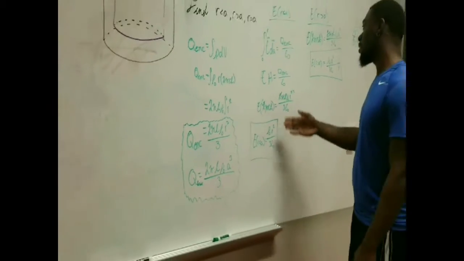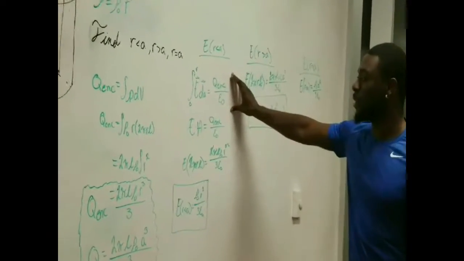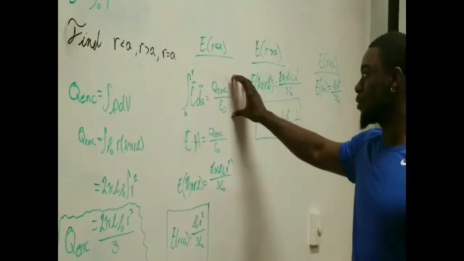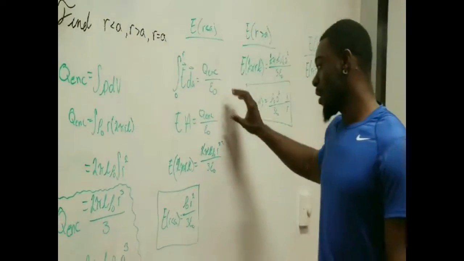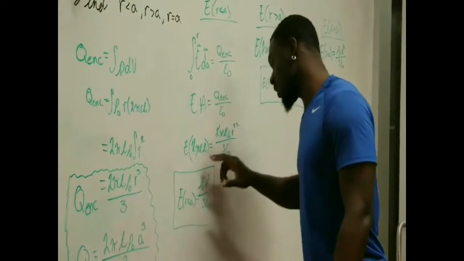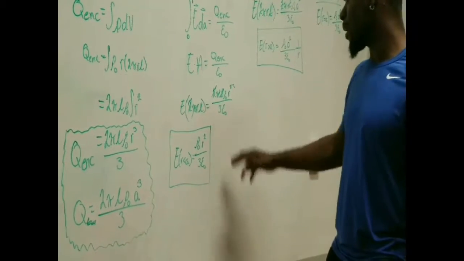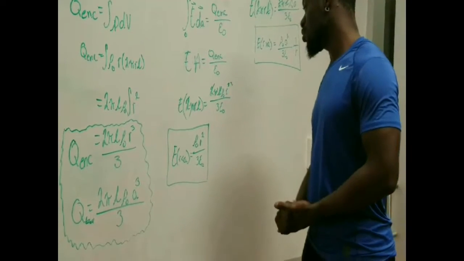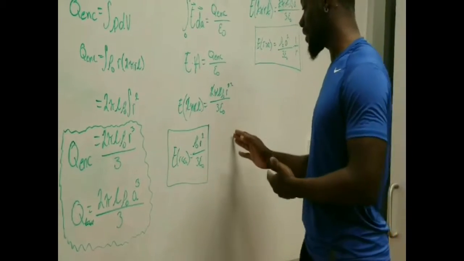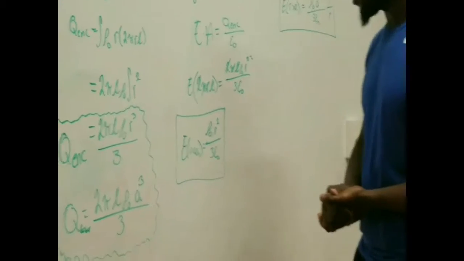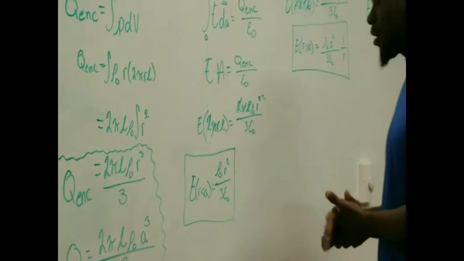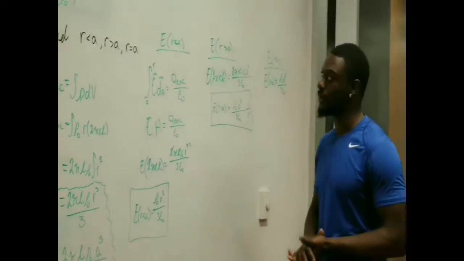So from there, you plug that into the equation, the integral of E dA equals Q enclosed over epsilon naught. And then from there you will get E times 2 pi rL equals 2 pi L rho naught r cubed over 3 epsilon naught. When you simplify that, you will get r less than a equals rho naught r squared over 3 epsilon naught.